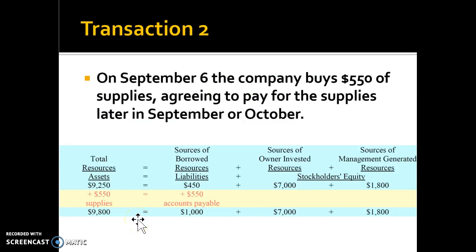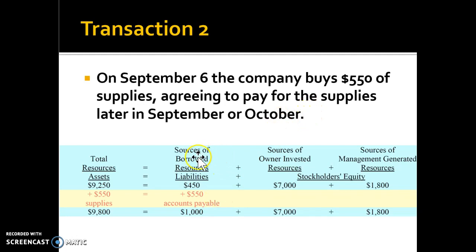The second transaction, on September the 6th, the company buys supplies and agrees to pay in the future. Now, when we buy supplies, we know that supplies increase, right? Supplies is among the total resources, which is the asset. So our supplies would increase. We increase total resources. We agreed to pay for the supplies, which means we borrowed money from the suppliers.